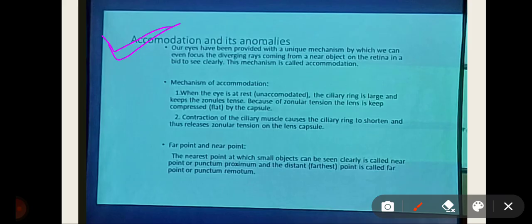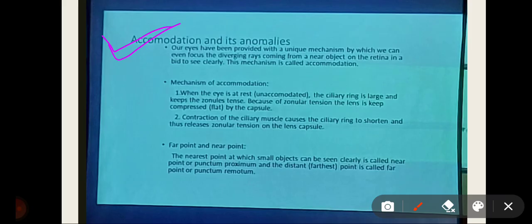According to von Helmholtz's capsular theory, the process of accommodation is achieved by a change in the shape of the lens. When the eye is at rest, that is unaccommodated, the ciliary ring is large and keeps the zonules tense. Because of the zonular tension, the lens is kept compressed flat by the capsule.